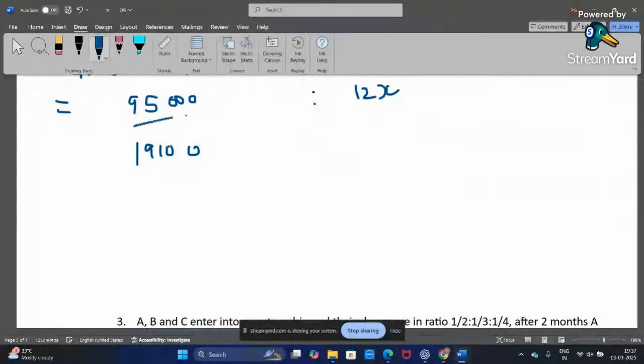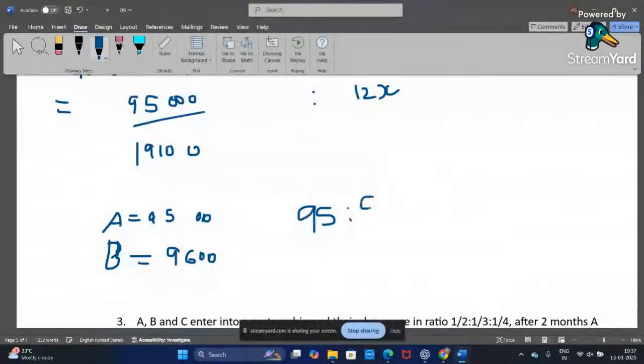By looking at this, we can tell that A's share is 9,500, and B's share, what is the remaining amount? 9,600 is the remaining amount. The profit ratio between them is 95 is to 96.